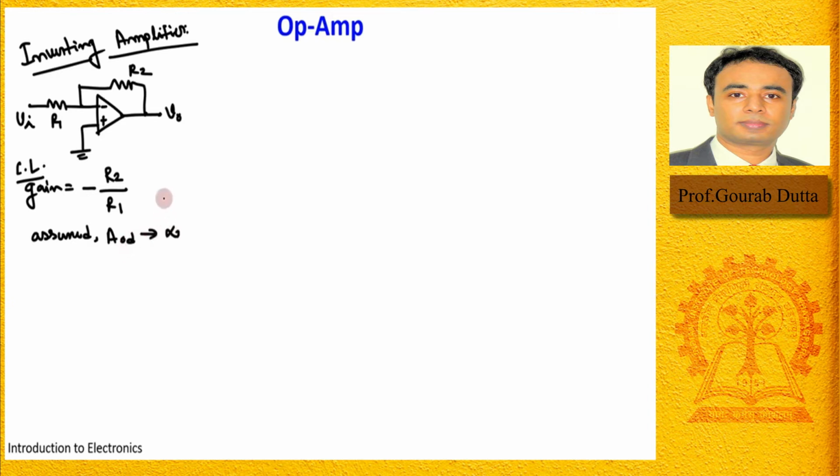But actually it is not infinite; we have seen that in the last class, but it is a very high value. So let us see the effect of this AOD on the gain of this inverting amplifier. For the time being, let us consider that AOD is not infinite but finite.